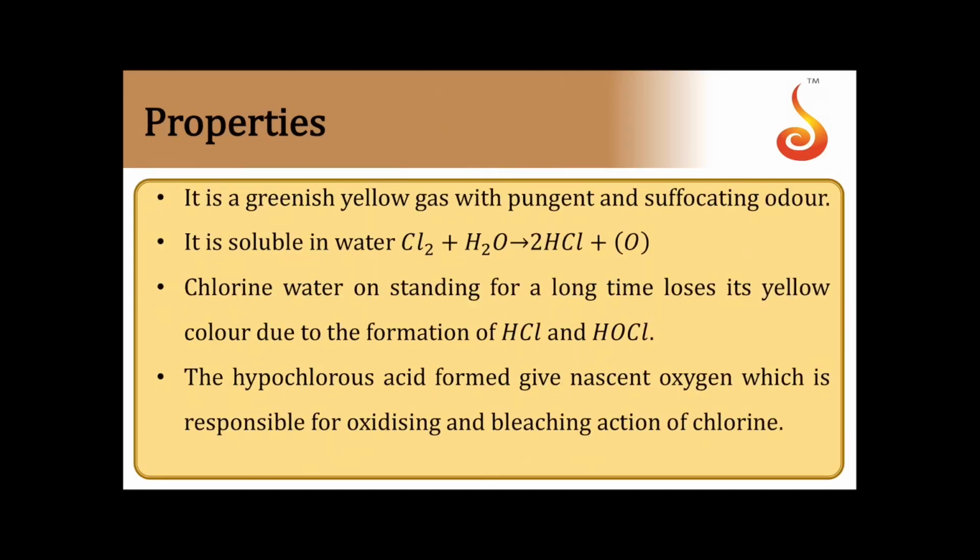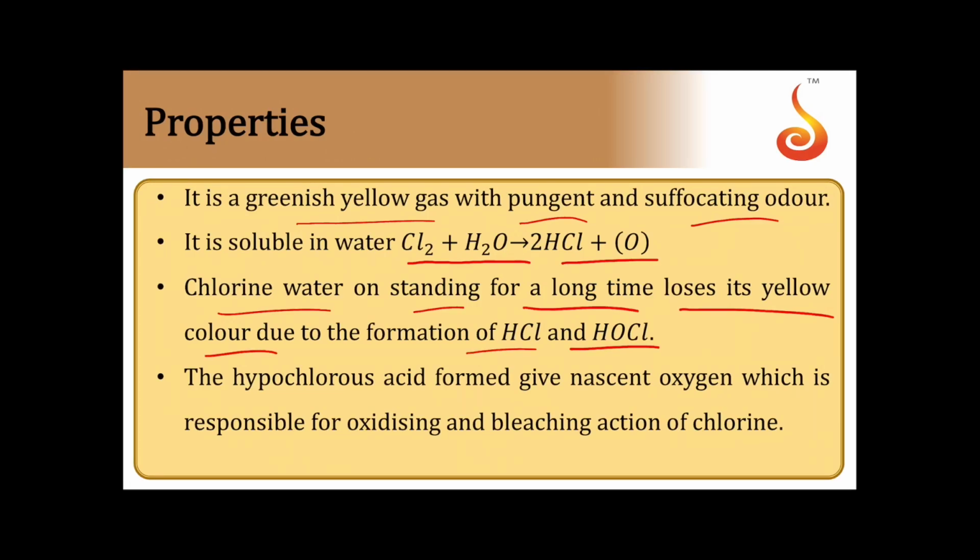Then comes properties of chlorine. It is a greenish yellow gas with pungent and suffocating odor, soluble in water, and it is called chlorine water. Chlorine water on standing for a long time loses its yellow color due to formation of HCl and HOCl. So chlorine water contains HOCl.